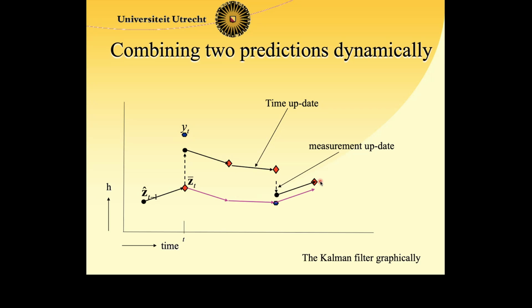Now, if we wouldn't have any measurements here, then this would typically be the open loop, so without any updating. Okay, so this is what the Kalman filter does. It optimally weighs model predictions with observations whenever they become available.